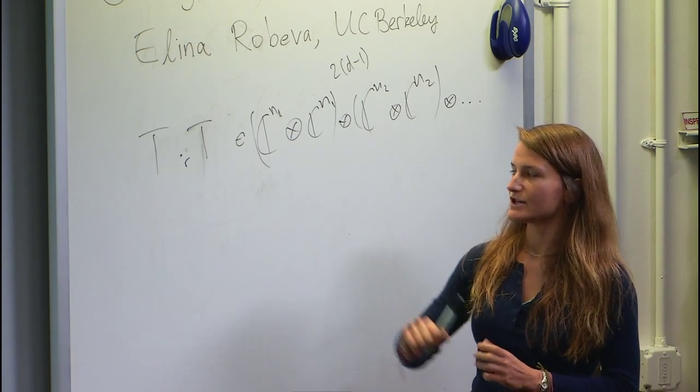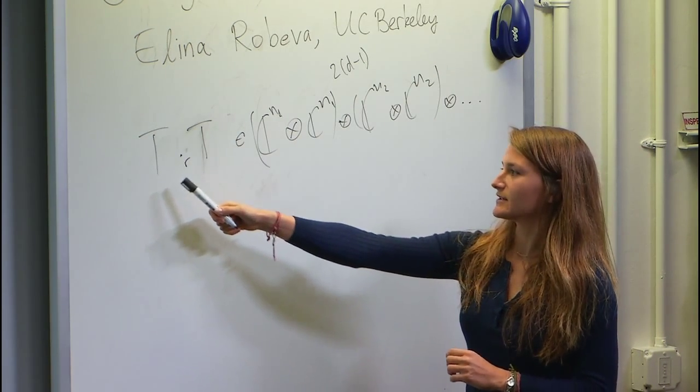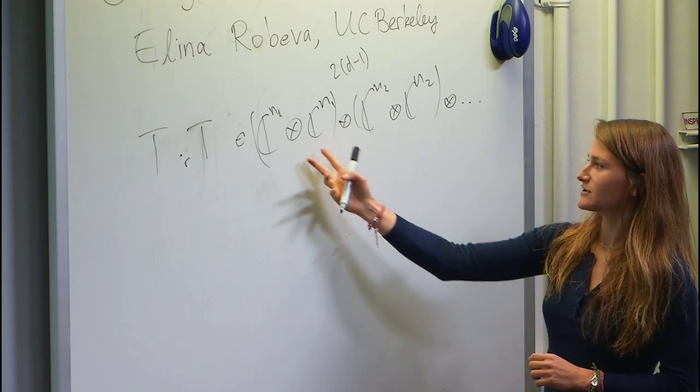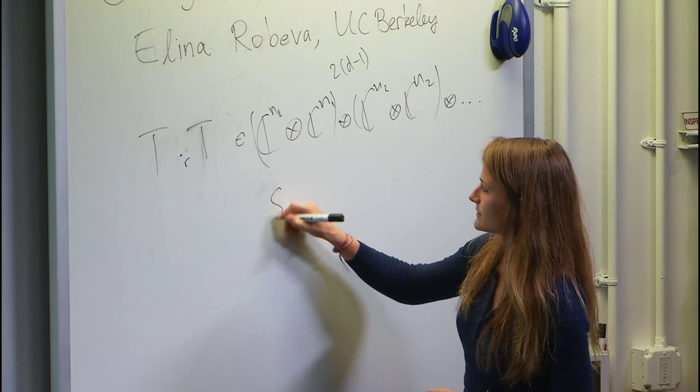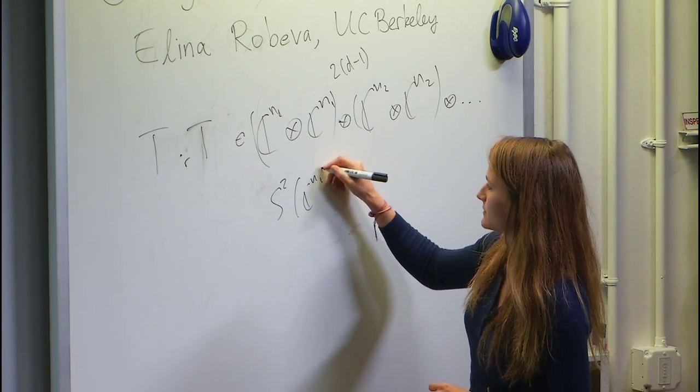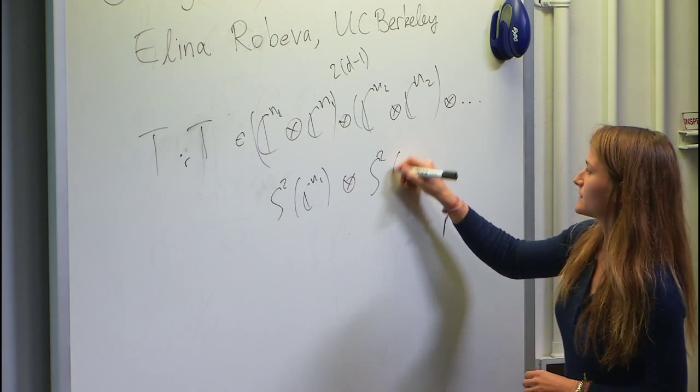And these equations say that if we take this tensor, it has to be symmetric in each of these components. So basically, it has to lie in S2 of C to the N1, S2 of C to the N2.